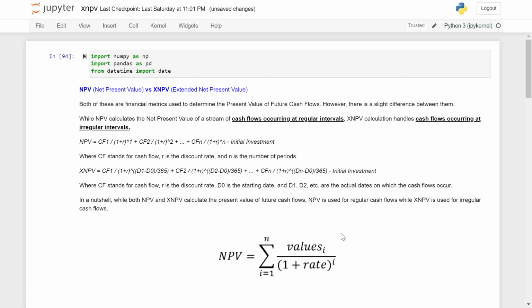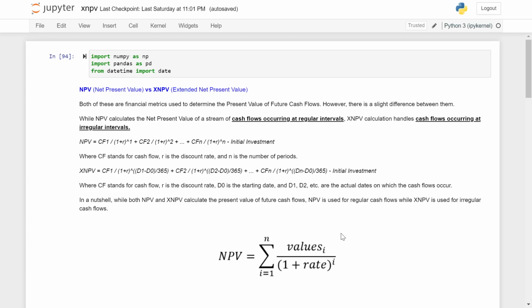When we use NPV, it calculates the net present value of a stream of cash flows assuming that they are occurring at regular intervals, whereas XNPV calculation handles cash flows occurring at irregular intervals.